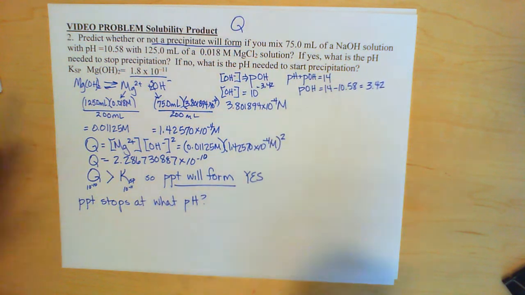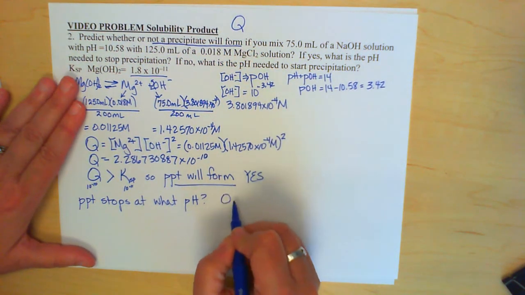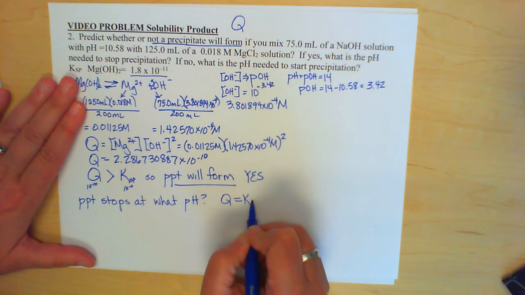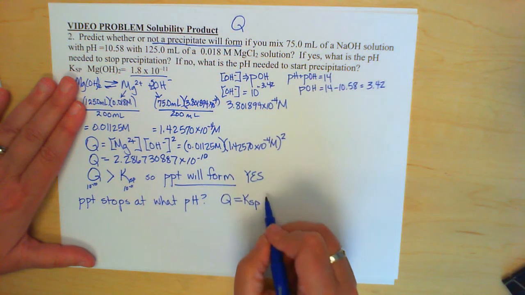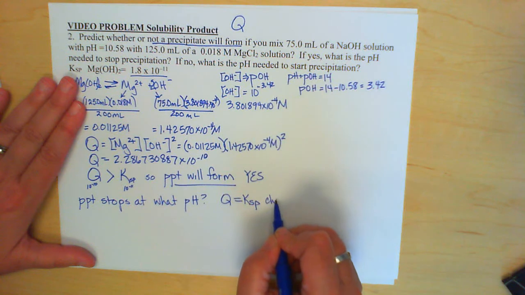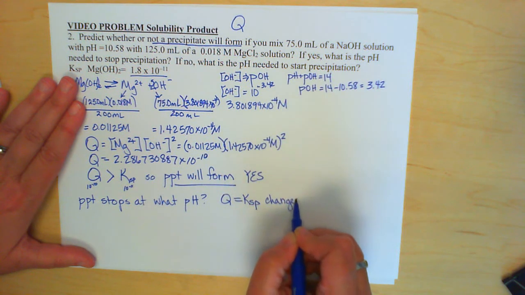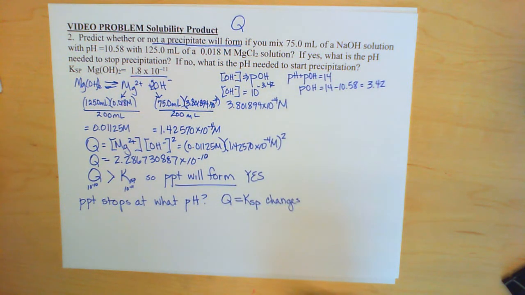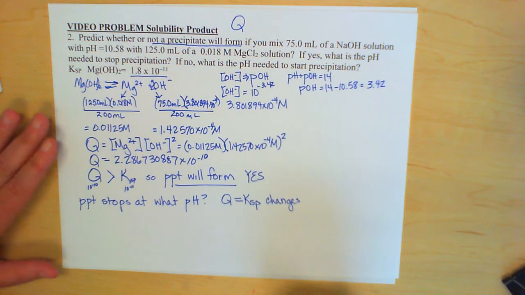Now, remember, the point at which the change occurs is when KSP is equal to Q. This is where it changes. So if it was yes, it becomes no. If it was no, it becomes yes. Q is equal to KSP means there's solid present, so there was precipitation. So in this case, it's going to stop when we get below that point.